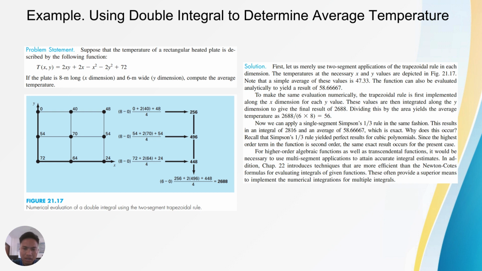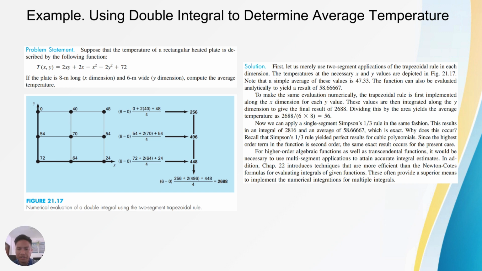Along the y dimension, this gives the final result of 2,608. Take note that in the y-axis too, we have an imaginary 2 points with the same value in the middle. Add it all, assuming 2 points in the middle, then divide by how many values we add.